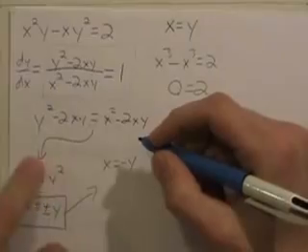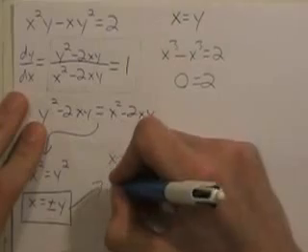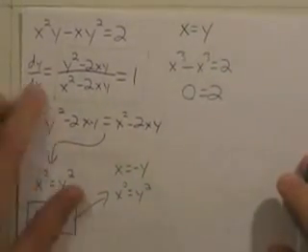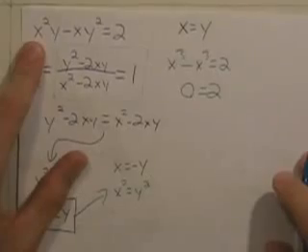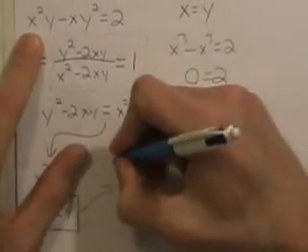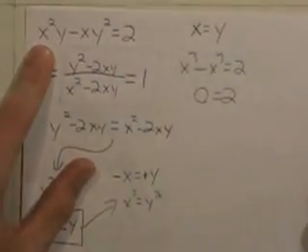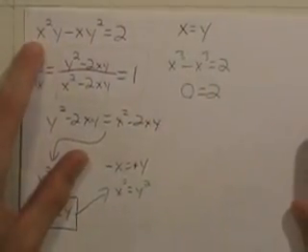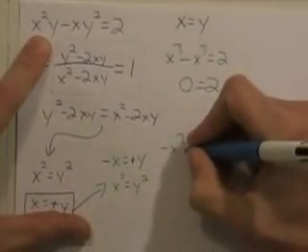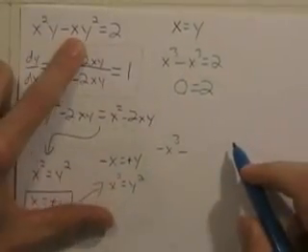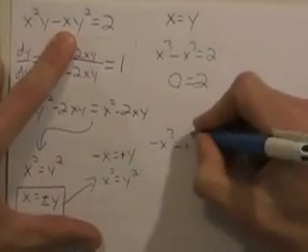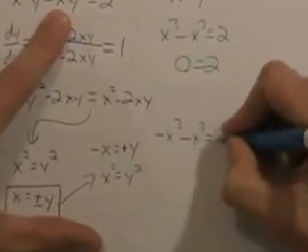So if x is minus y, then x squared is y squared, and so x squared times y will now be x squared times, y is minus x, because they're opposite in sign. So x squared times y will be x squared times minus x, which will be minus x cubed, minus, and then what used to be y squared will now be x squared, so that'll be minus x cubed equals 2.